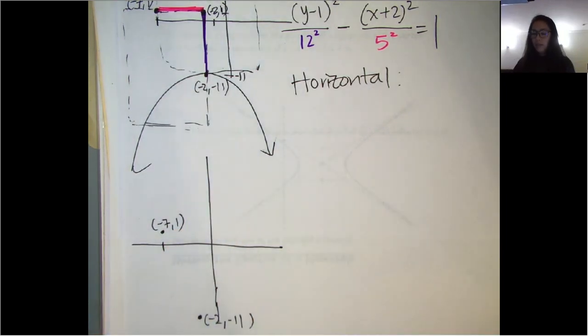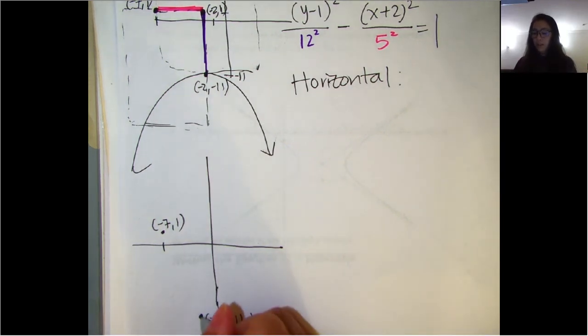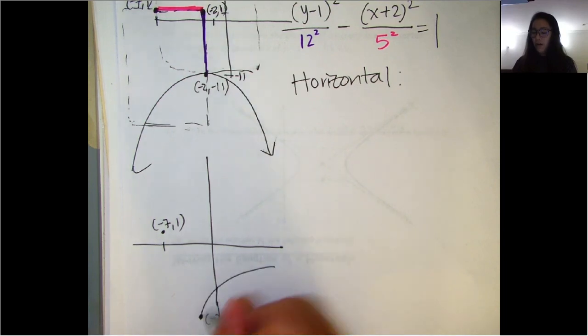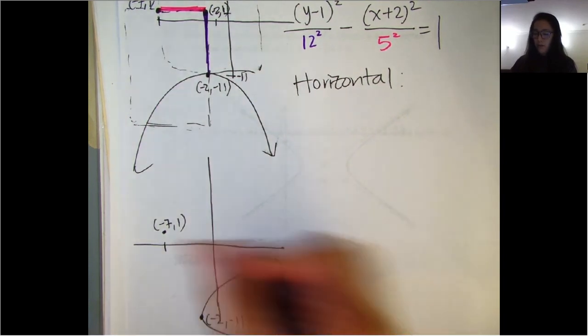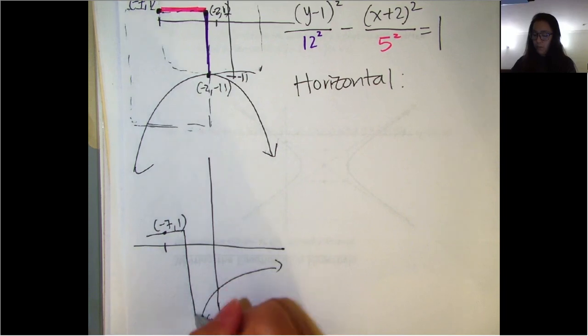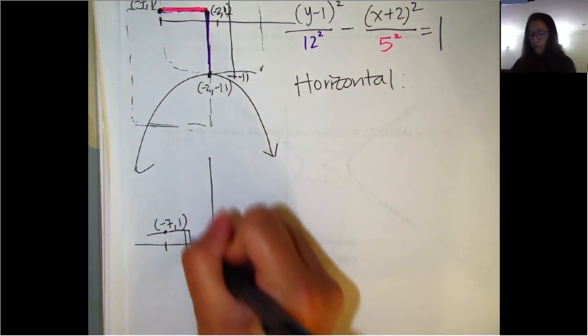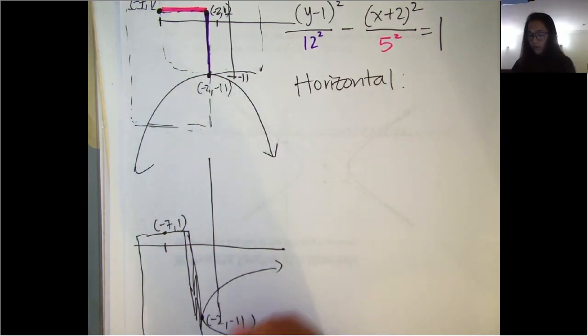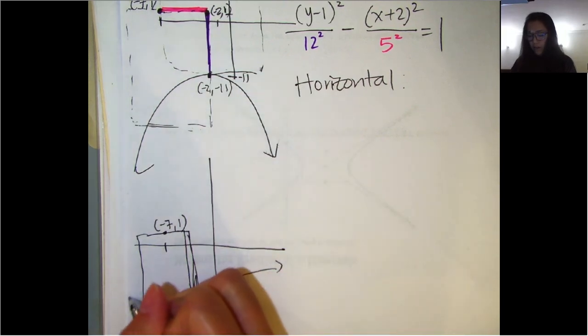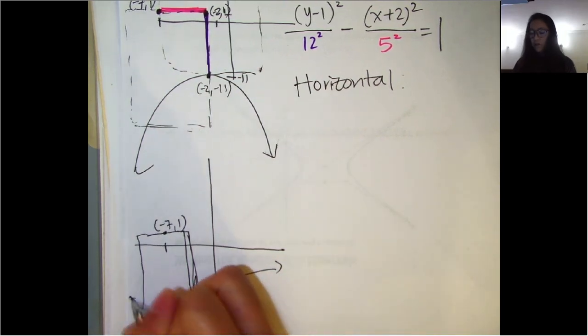For a horizontal hyperbola where this one is still our vertex, we would have to draw it this way, because this would create some sort of box. Again, this is a rough sketch, just so we can have a general look at it. We draw that side, and this is our horizontal hyperbola.